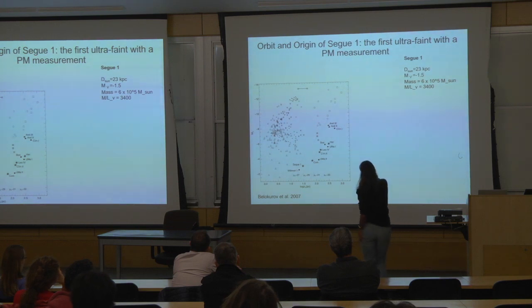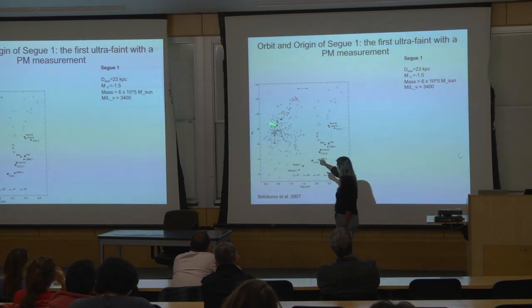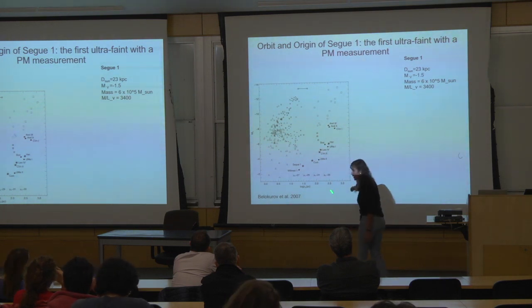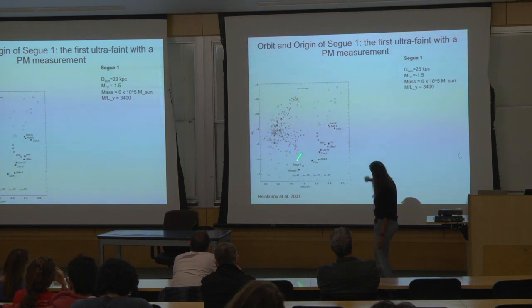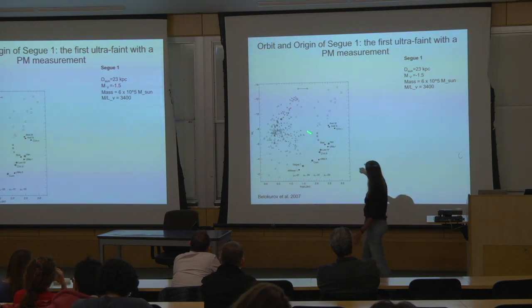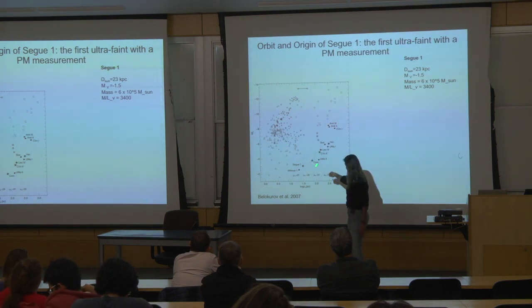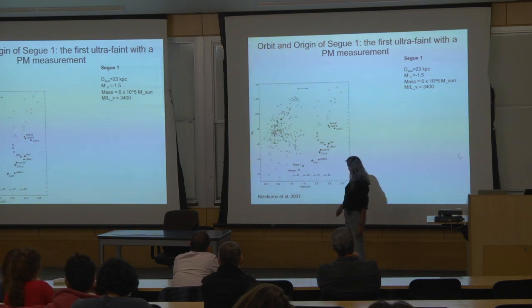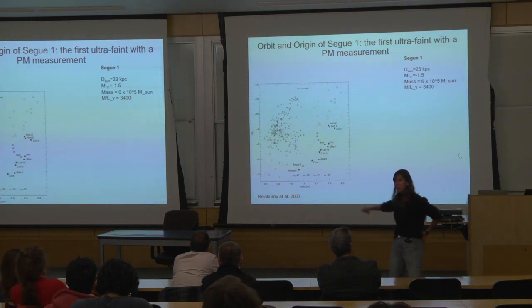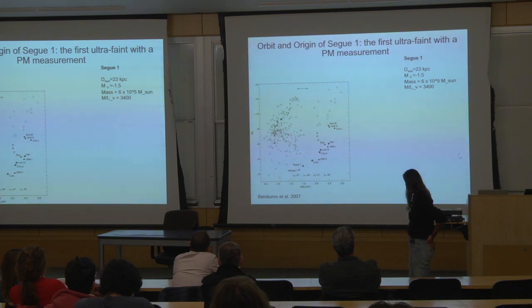In this space of luminosity and size, this is where dwarf galaxies live, and this is where globular clusters live, and they used to be really separated. But now we're finding fainter and fainter and smaller dwarf galaxies that are really starting to span this hazy border between life and death, if you will.